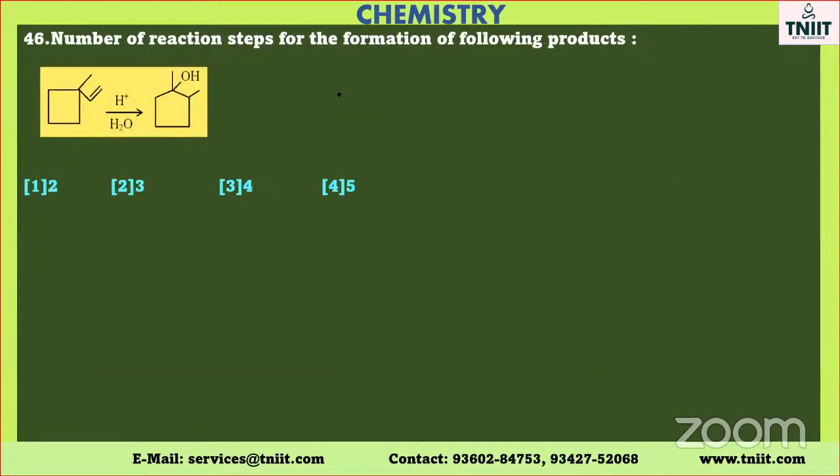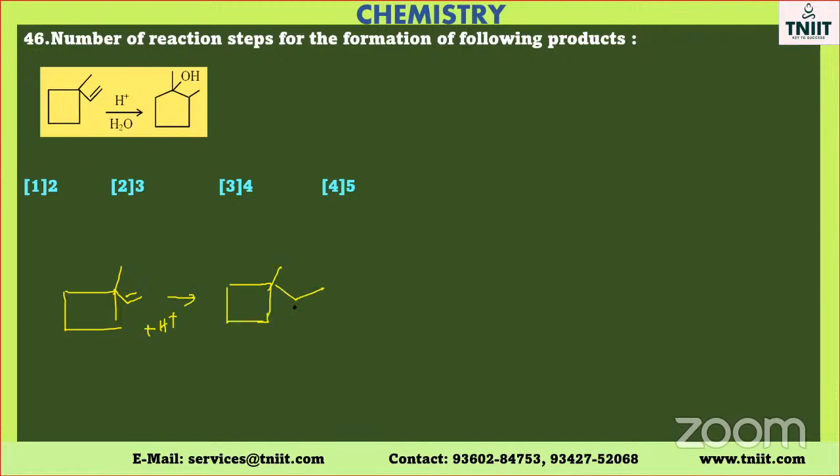Next question. The number of reaction steps for the formation of the following product. It's a complex reaction. We have a cyclo compound. This, when it's acidified, we get a compound like this.